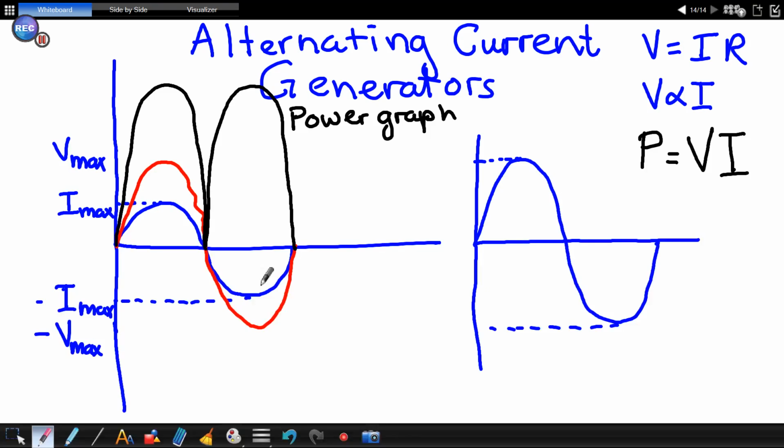But they are generated in tandem. When you take the product of the two, you get the power. So if you substitute the values of the current and the voltage into this equation, you'll get power. So this is the maximum power.